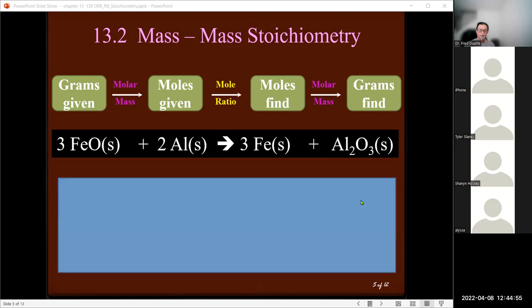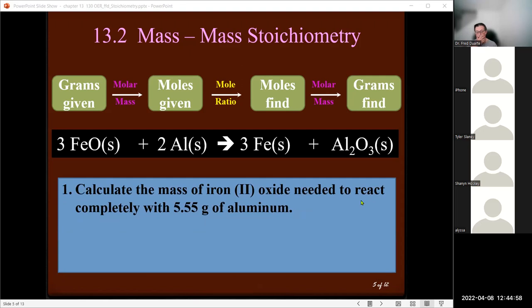And so now we can do a series of calculations. The first question is this. It says, calculate the mass of iron 2 oxide needed to react completely with 5.55 grams of aluminum. What I do from my perspective is write down on the balanced chemical equation the principal parties in this reaction, which is 5.55 grams of aluminum.